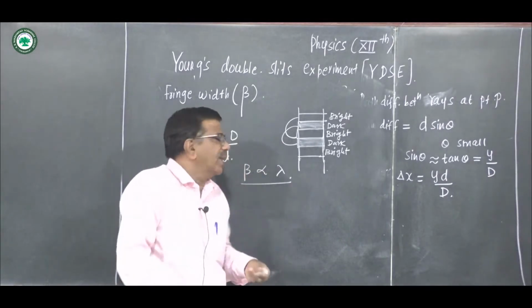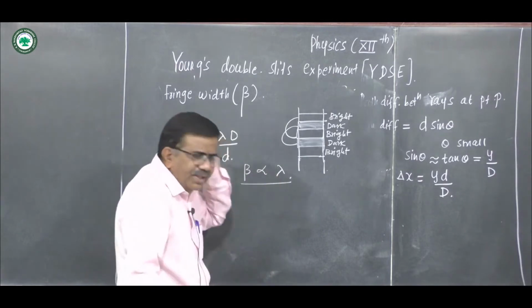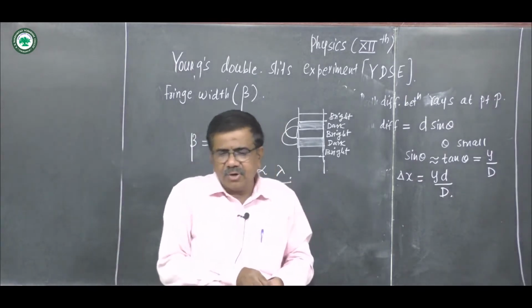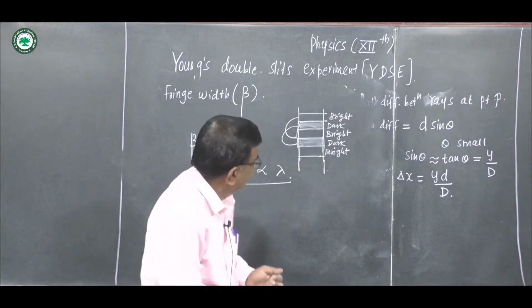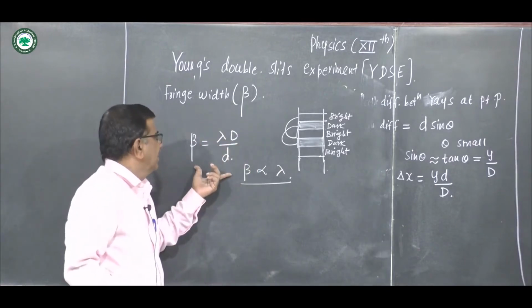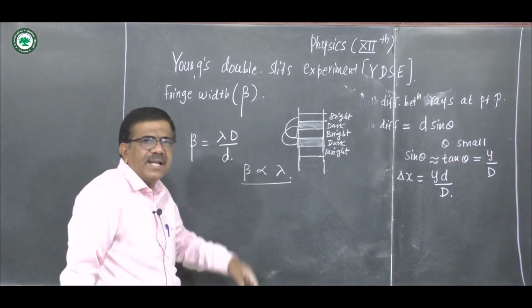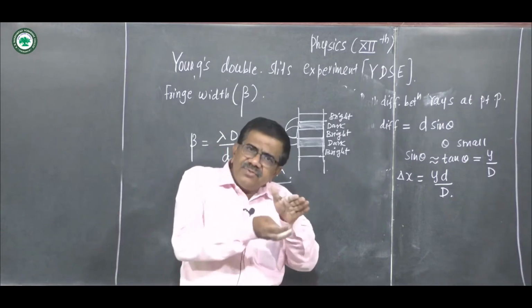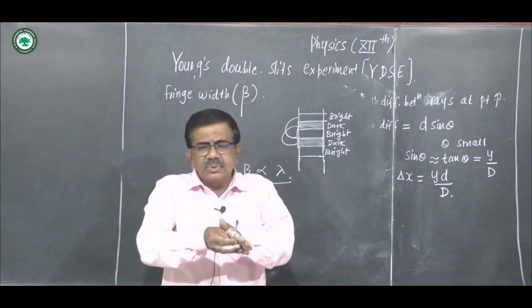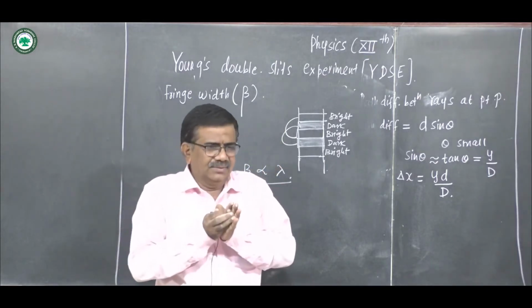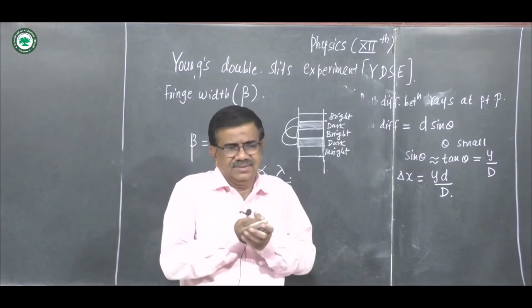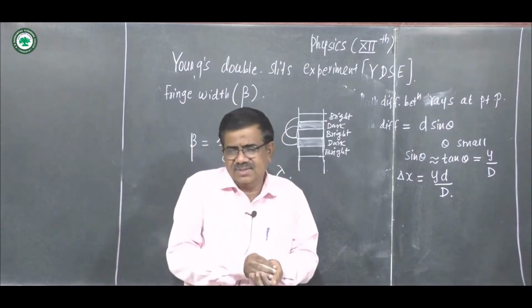Wavelength is more for the red, so fringe width will also be more for the red. This is the conclusion. As capital D and small d are constant, fringe width is directly proportional to wavelength. You should know this relation to solve the MCQs.